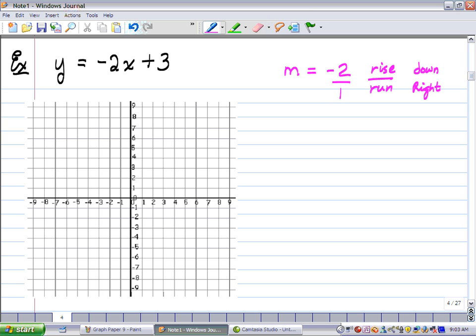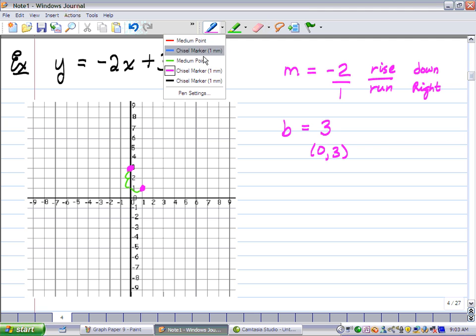Where is the y-intercept? 3, so I'm going to start at the point (0, 3), right here. And I'm going to rise down or fall down 2 and go to the right 1 to get my next point.